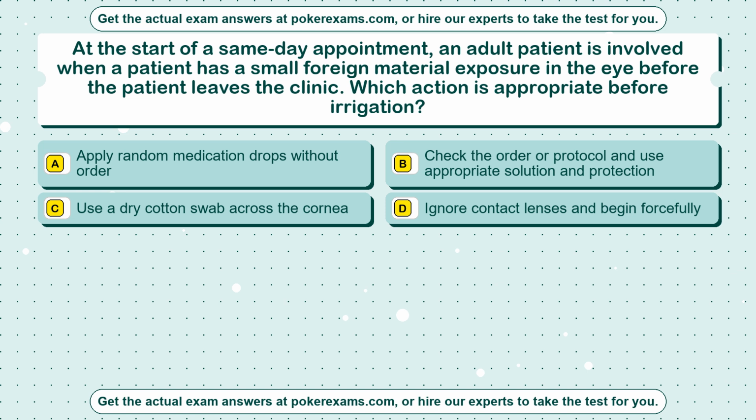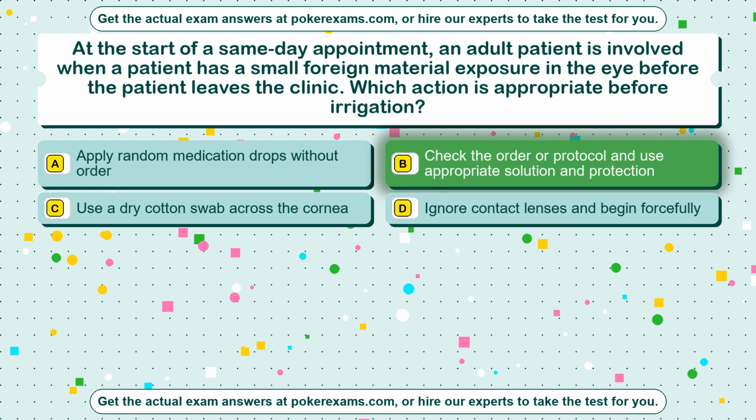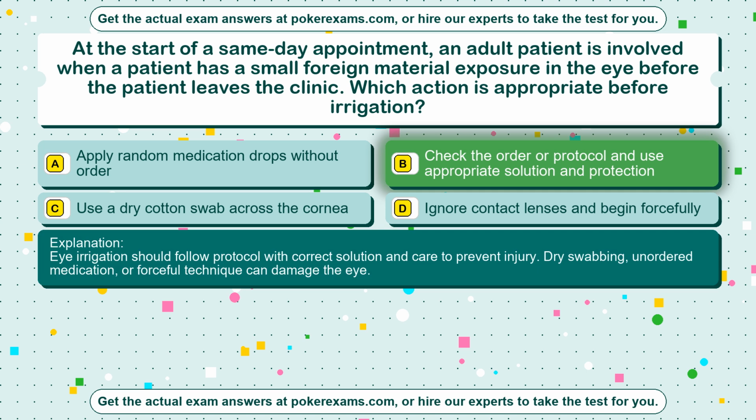Option C. Use a dry cotton swab across the cornea. Option D. Ignore contact lenses and begin forcefully. The correct answer is option B. Check the order or protocol and use appropriate solution and protection. Eye irrigation should follow protocol with correct solution and care to prevent injury. Dry swabbing, unadhered medication, or forceful technique can damage the eye.